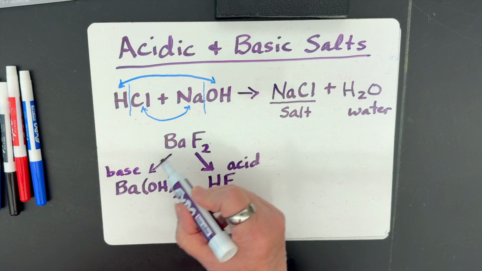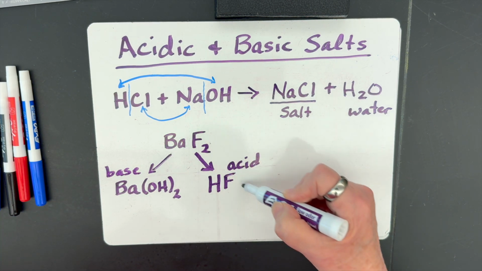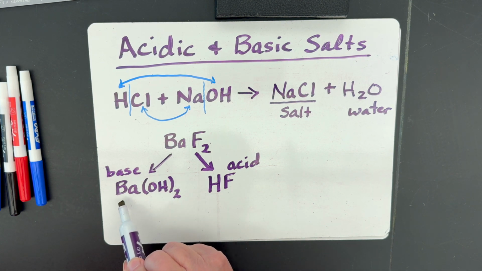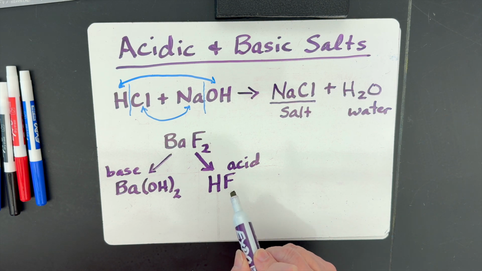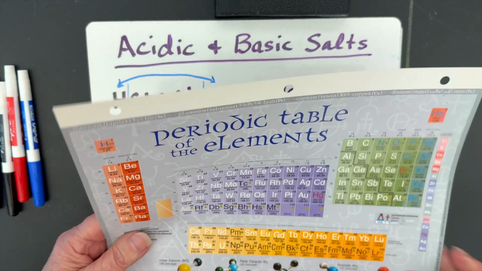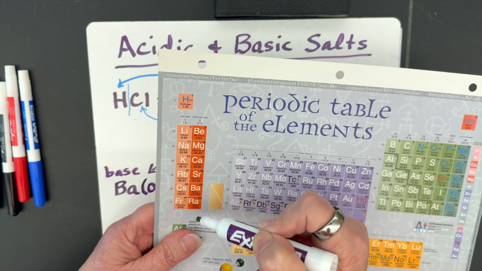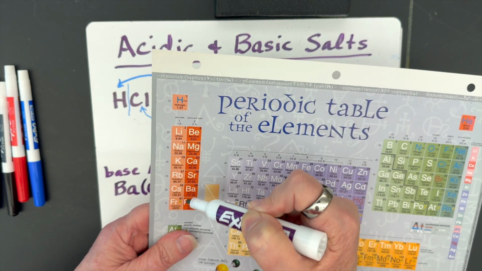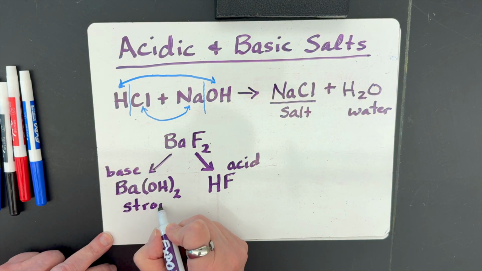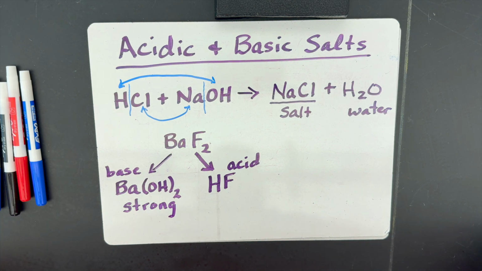You're always going to get the base from the front ion and the acid from the back. You put OHs, however many you need, to balance the positive charge on your front ion. And for the acid, whatever the charge is on the negative ion tells you how many hydrogens to add to balance that out. Now, Ba is in column 2, as we said, and bases made from these metals in the second column are always strong, which means it comes apart completely when you put it in water.